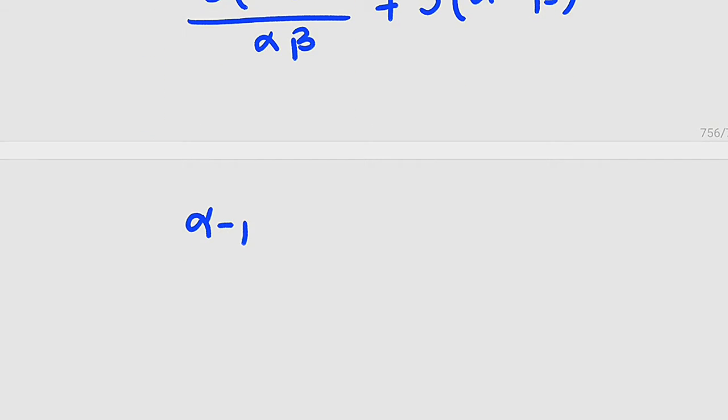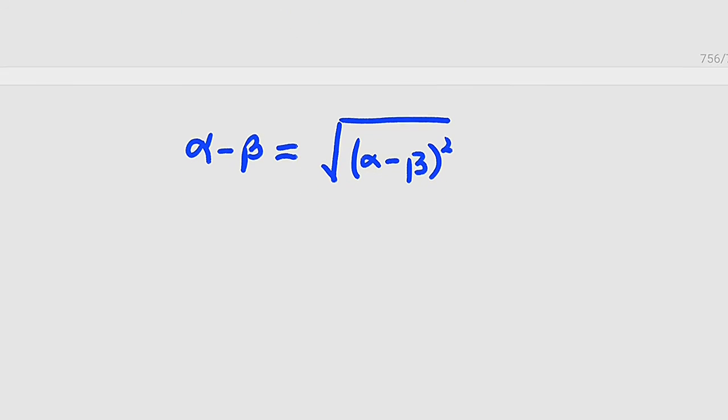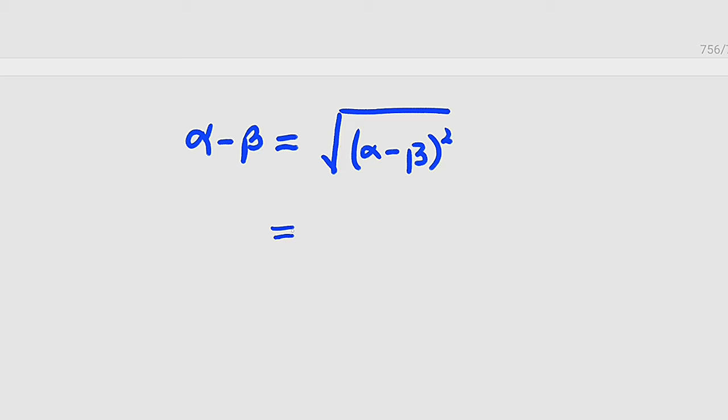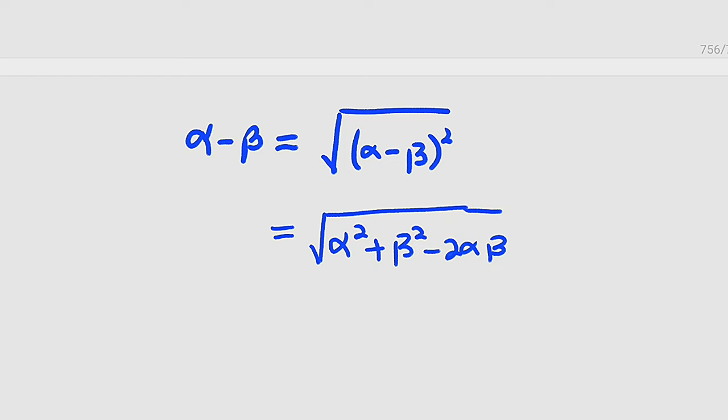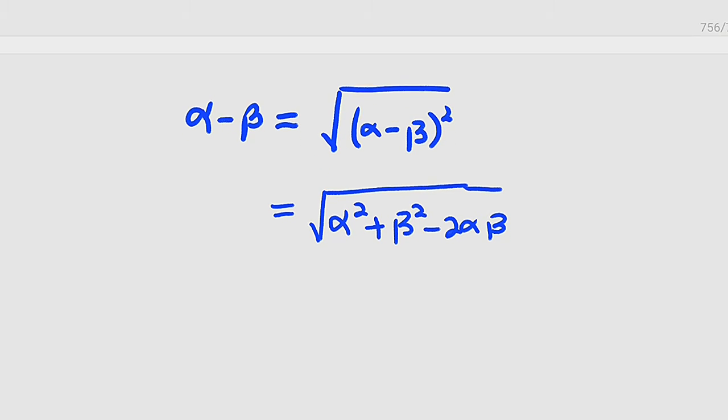Alpha minus beta can be written as the square root of alpha minus beta, but whole squared. They are the same thing, which we can expand as the square root of alpha squared plus beta squared minus 2 alpha beta. This is the expanded form of alpha minus beta all squared.